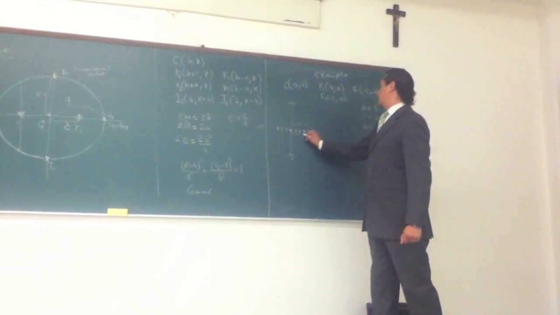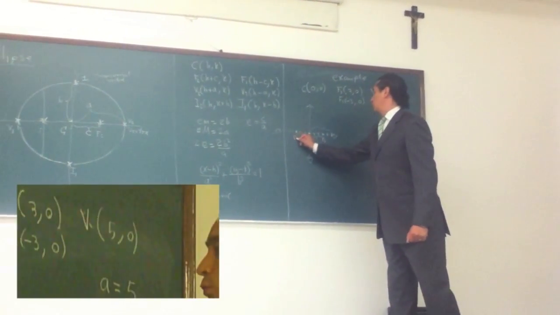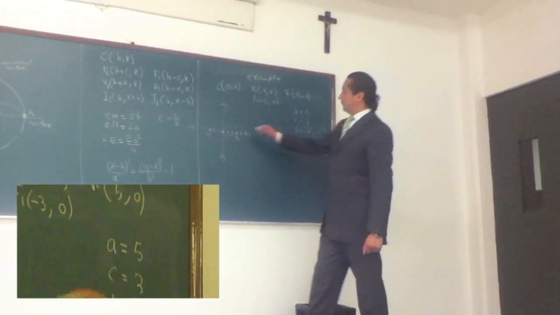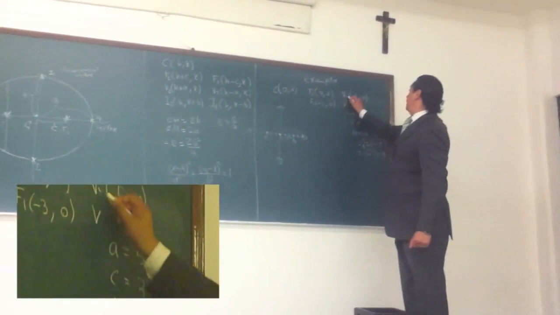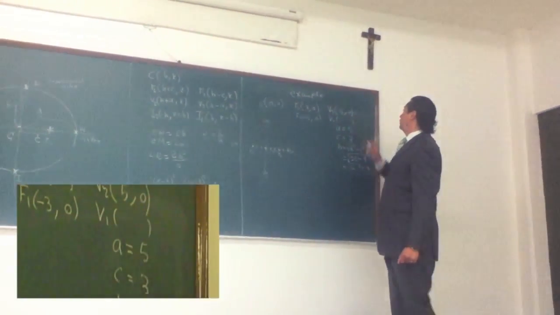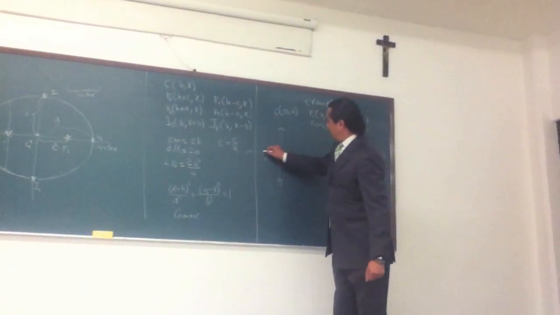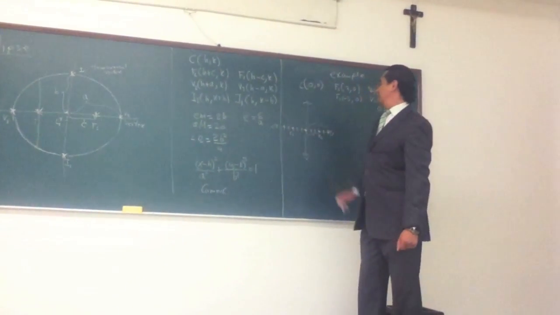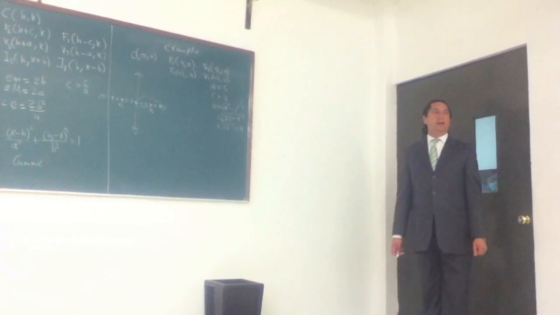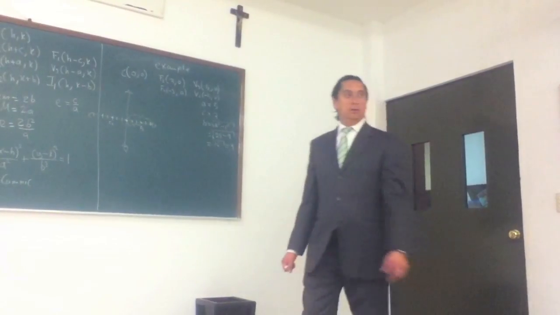This is focus 2, focus 1. Okay, the coordinate for the other vertex, vertex 1, will be minus 5. 1, 2, 3, 4, 5. It's here.